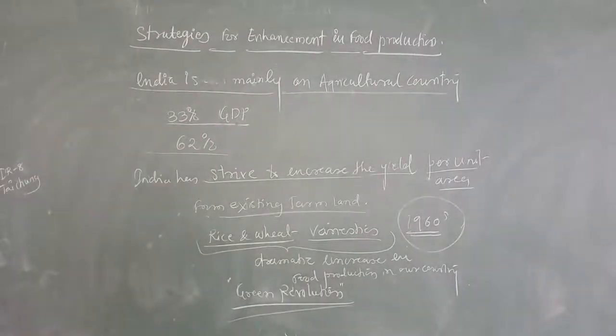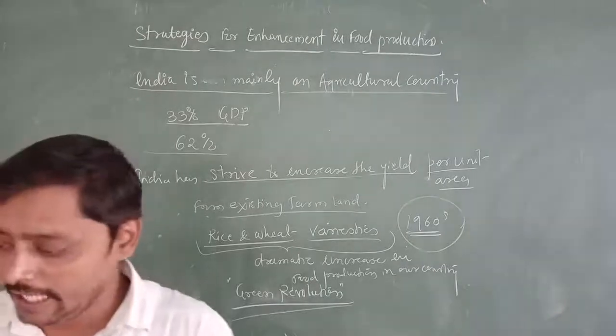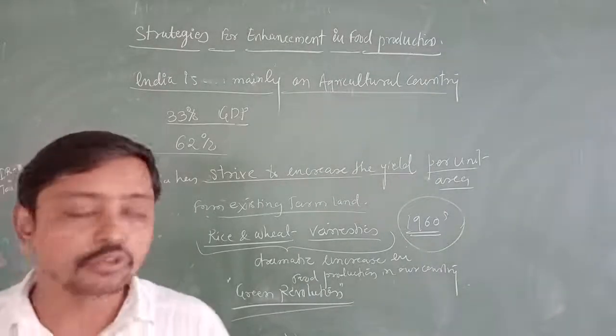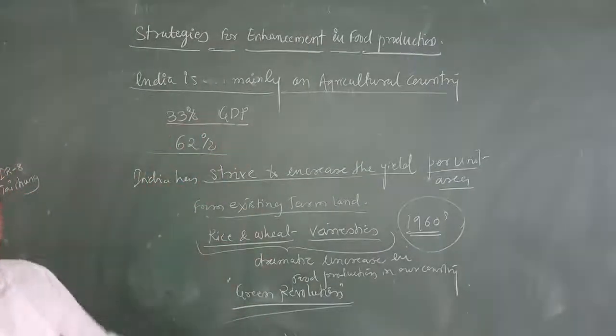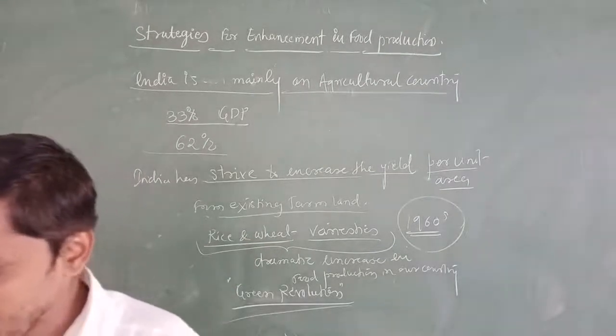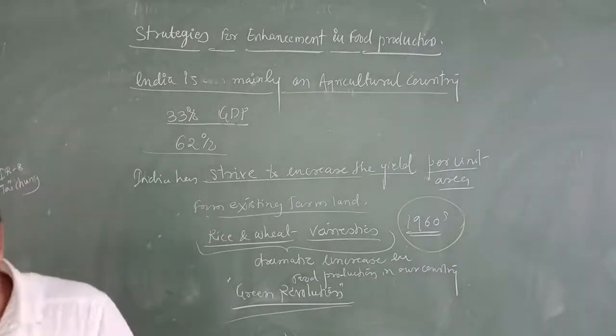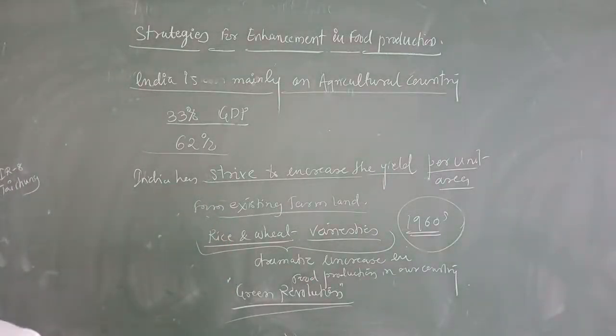Okay. Now this is about the thing. India is mainly an agriculture country. Agriculture accounts for approximately 33% of India's GDP, and employs nearly about 62% of the population of India.